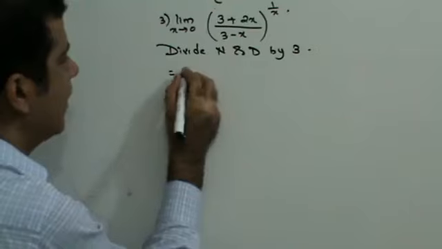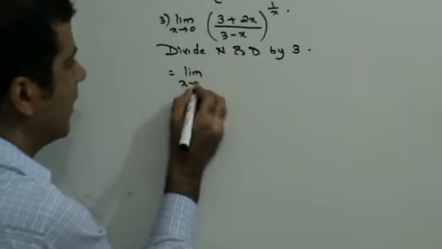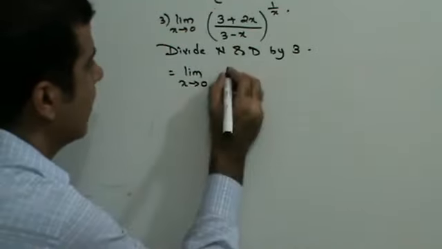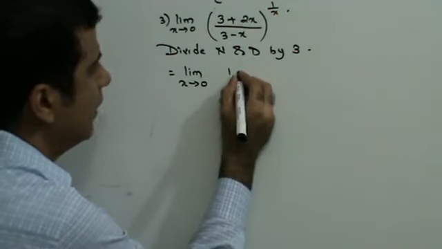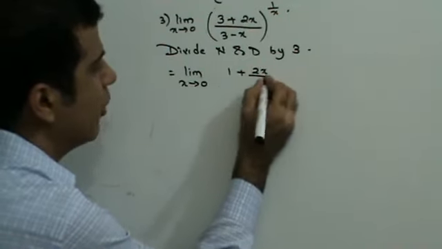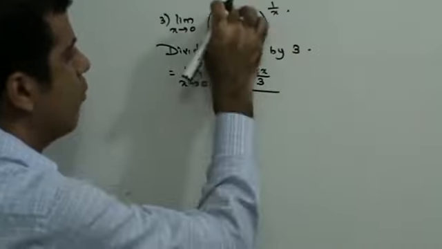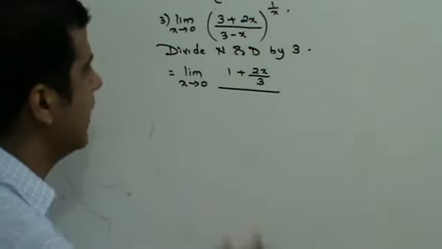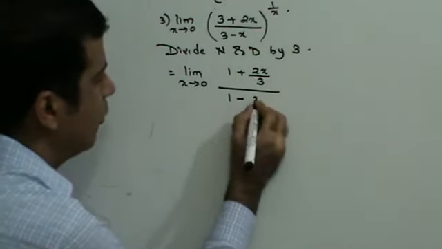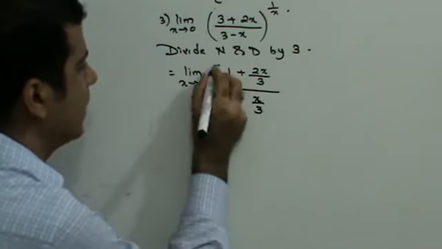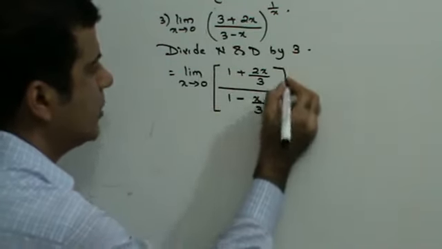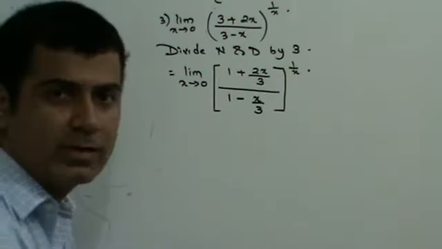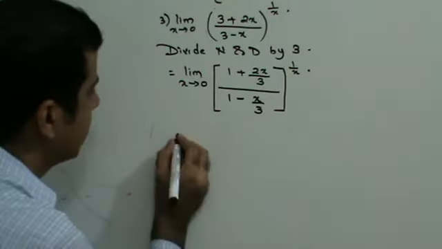If I divide numerator and denominator by 3, I will get limit of x tends to 0, 3 upon 3, that's 1, plus 2x upon 3. I have divided both the terms of the numerator by 3. Similarly, I will divide both the terms of the denominator by 3, raised to 1 upon x. Now the same thing that we did in the previous sum.